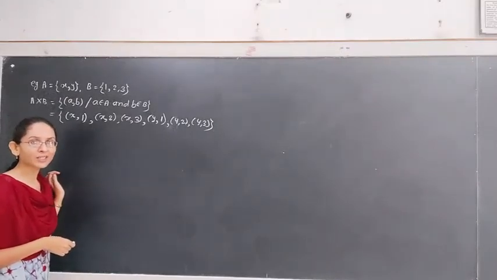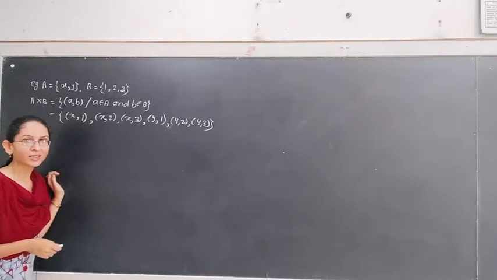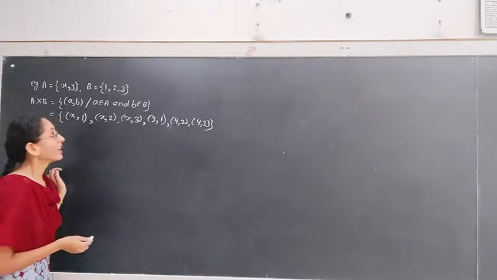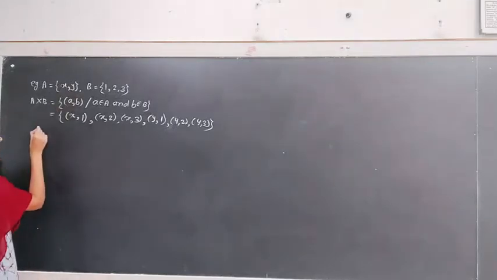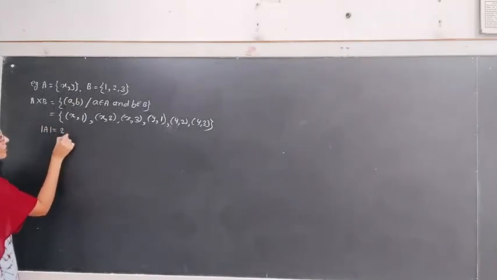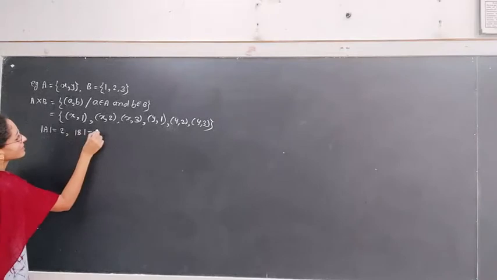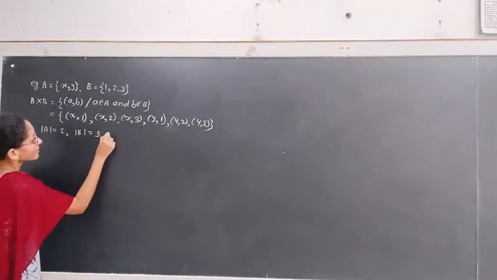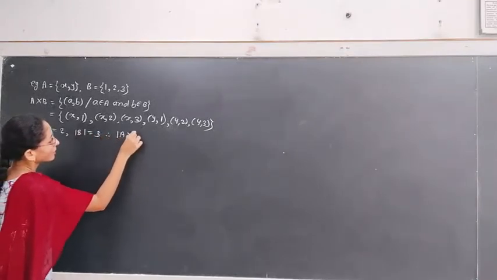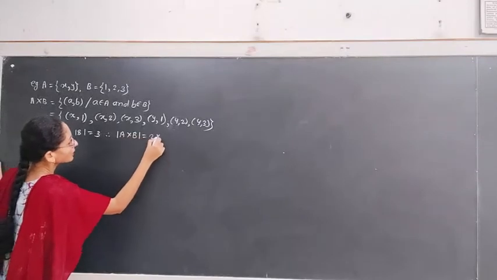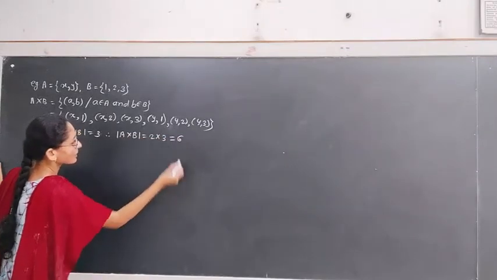The number of elements in a set is called the cardinality of the given set. In set A, there are 2 elements. Set B contains 3 elements. Hence, the set A cross B contains 2 into 3, equal to 6 elements.